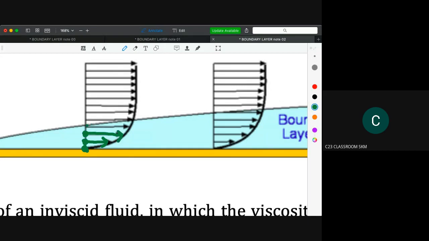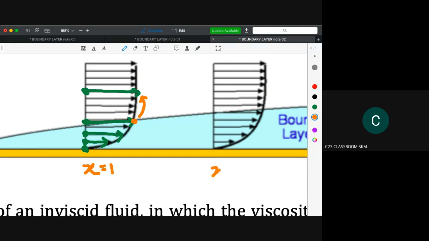At a certain point, the molecule will travel as fast as the uniform flow velocity, meaning that at this point the velocity is back to its normal velocity. This is for x equal to 1, for example.